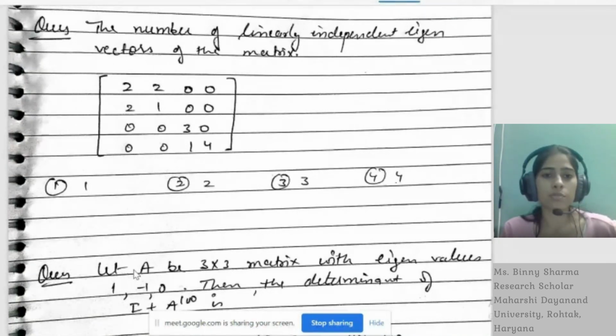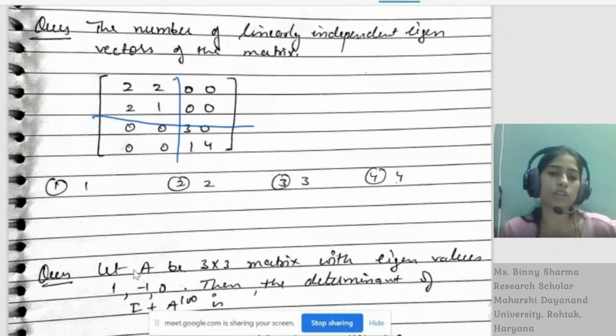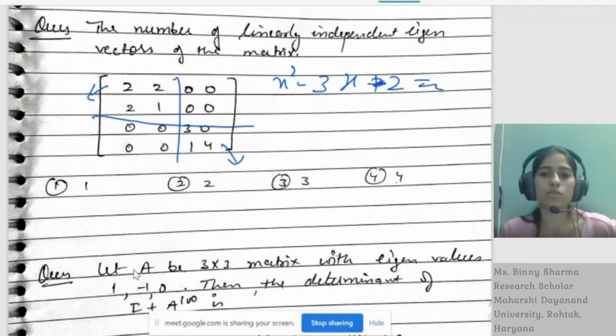The next question is the number of linearly independent eigenvectors of the matrix. Similarly, we can make this matrix into a block diagonal matrix and find the eigenvalues of this block and this block, like 3x plus 2 minus 4, that is minus 2, and its eigenvalue will come from x square minus 7x plus 12.